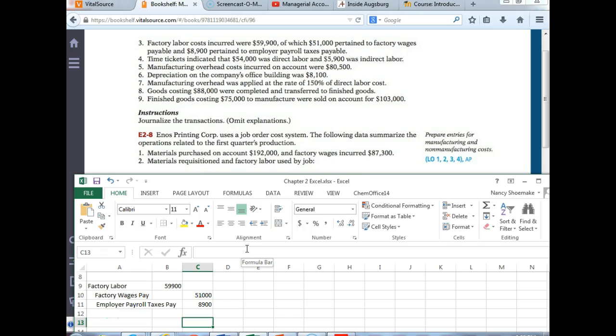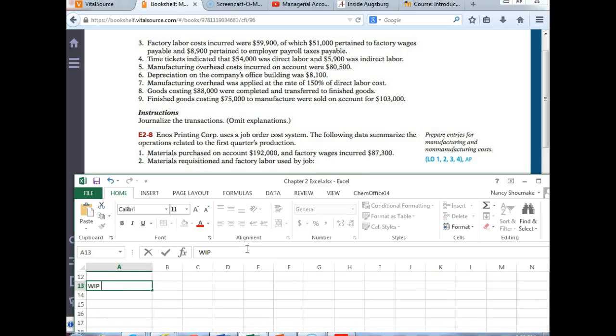Next, time tickets indicated that 54,000 was direct labor and 5,900 was indirect labor. What are we going to do there? We're going to show WIP of 54,000.